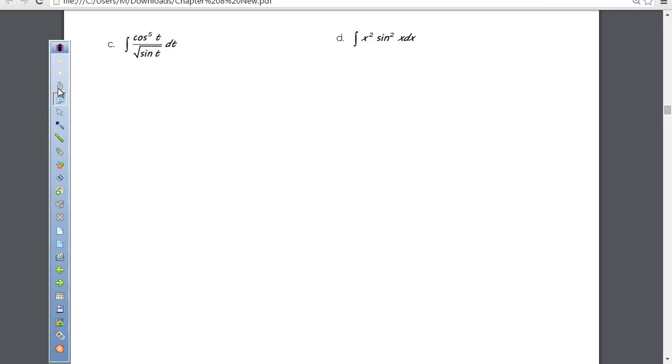Okay, well, let's revisit that integration by parts we talked about last time. We came up with a scheme for what we should let be u. And so we said that u, the algebraic expression, comes before trig. So let's let u equal x squared.